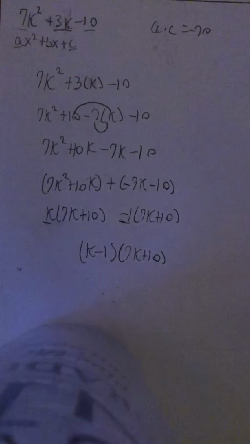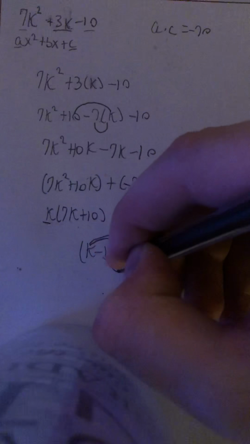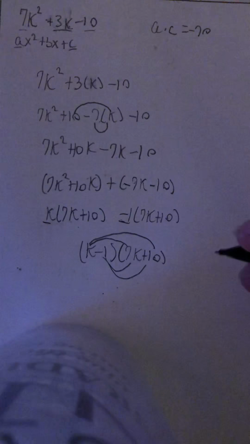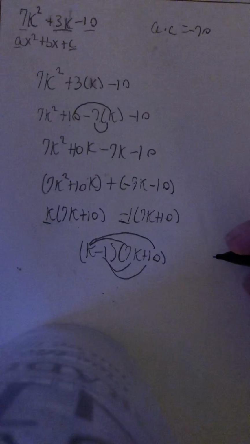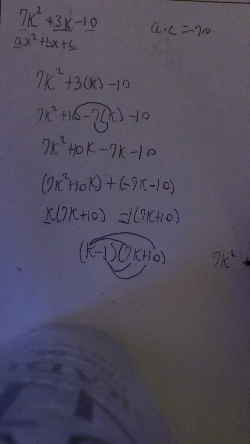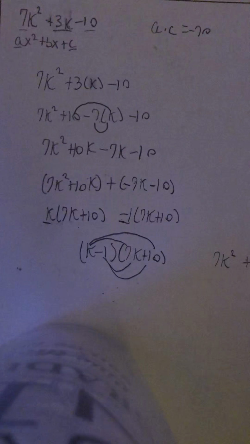Okay. And real quick, I'm just going to FOIL. So this is the way I FOIL. And we'll see if we come back to what we need to get. So 7k times k is 7k squared, good start, plus 10k minus 7k minus 10, okay?